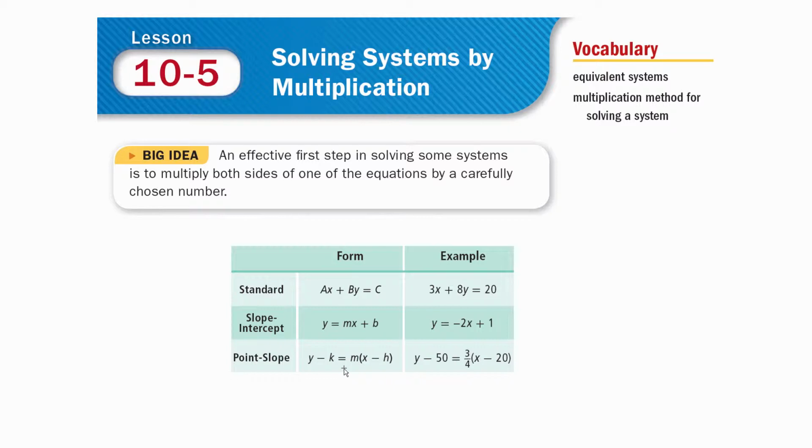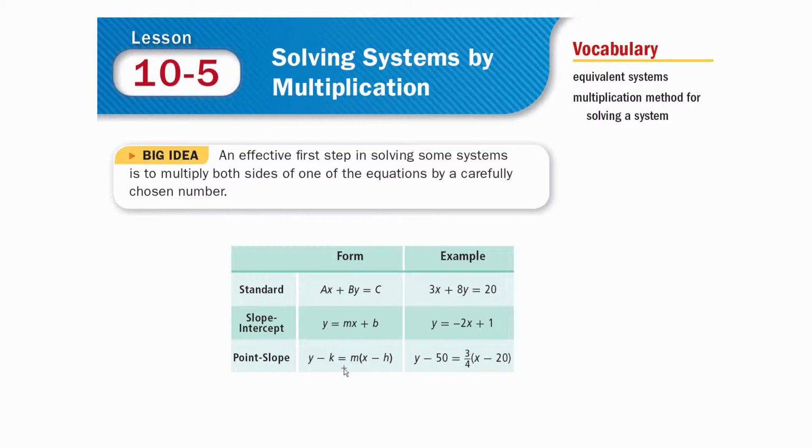An equivalent equation is one in which the solutions to the equations are identical. In other words, they represent the same line. For equivalent systems, that's a case where the systems are identical in that the solution to the system is the same.